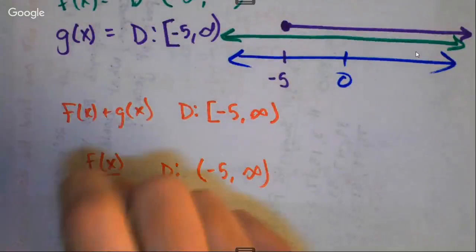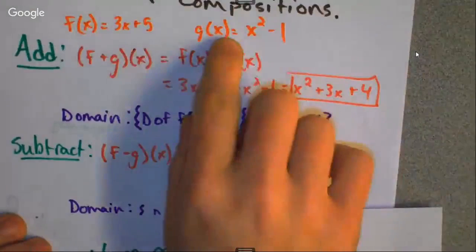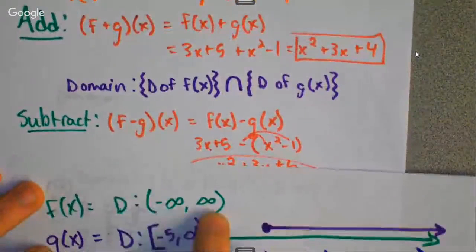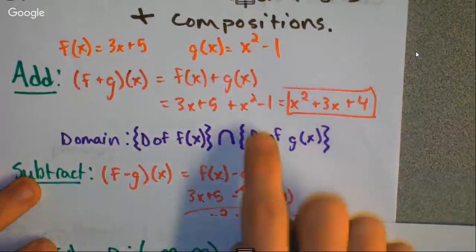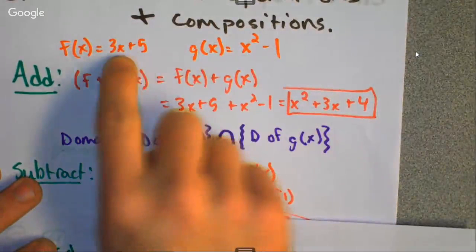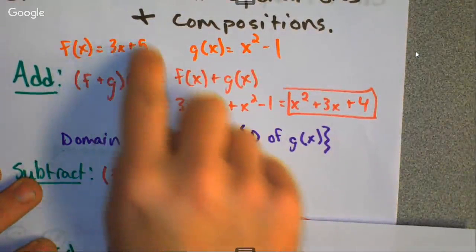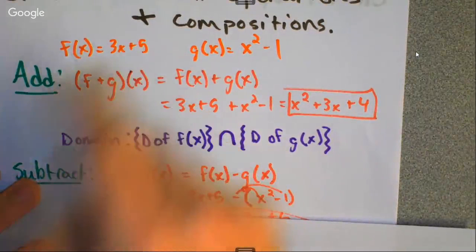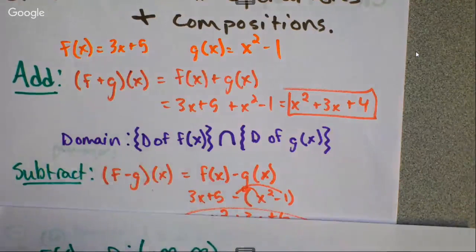But you have to look at what the actual equations are. Even this one, if I did it the other way, I'd have to get rid of whatever made that 0. Well, that would be negative 5 over 3, so I'd have to get rid of that number alone.